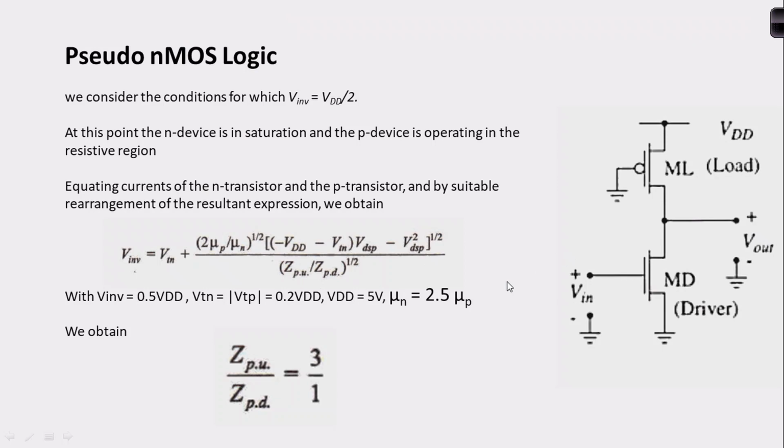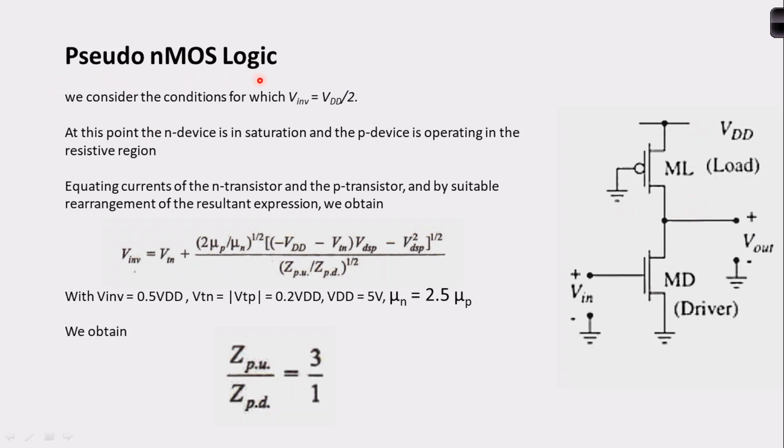So what is the difference between our NMOS logic and pseudo NMOS logic? Even though my NMOS logic is the same, again we are calculating in terms of a ratio.